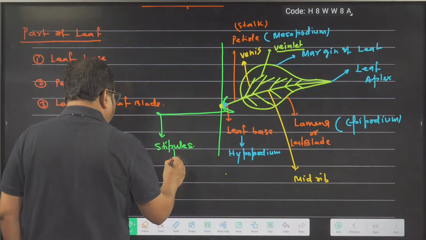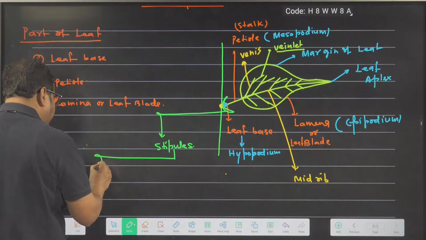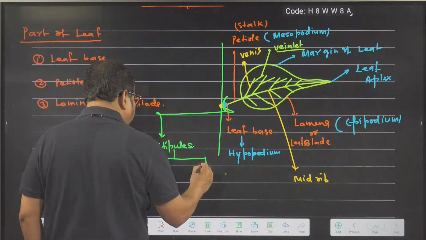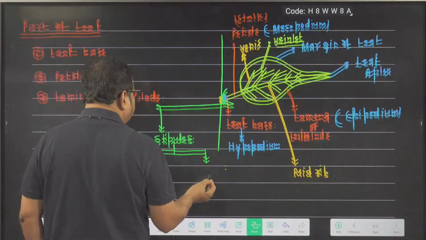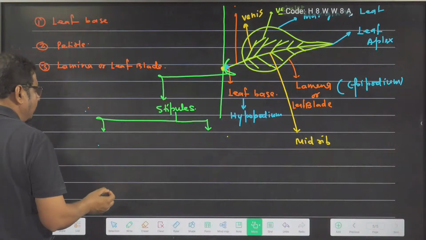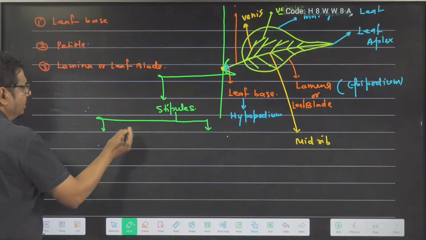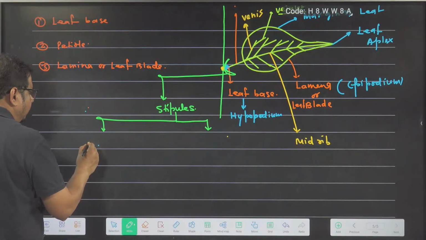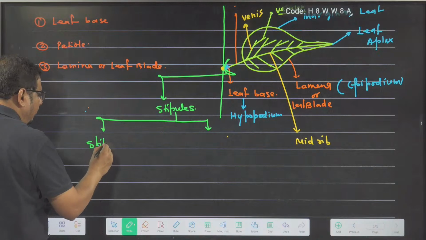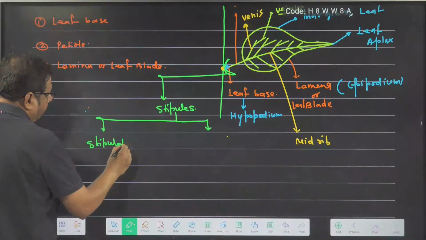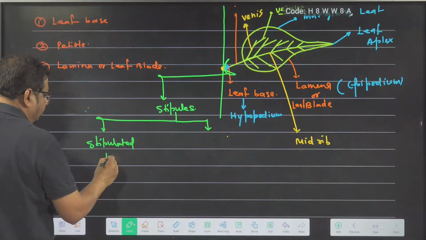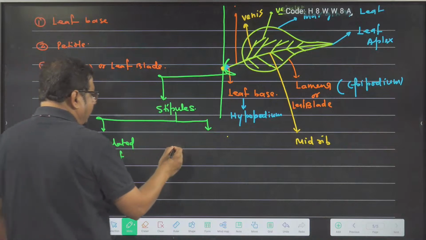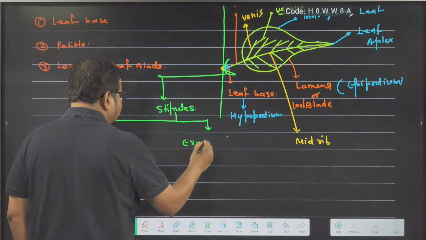So based on the presence or absence of stipules, there are two types of leaf. Stipules are not a compulsory structure. If stipules are present, the leaf is called a stipulated leaf. If they are absent, it is called an ex-stipulated leaf.